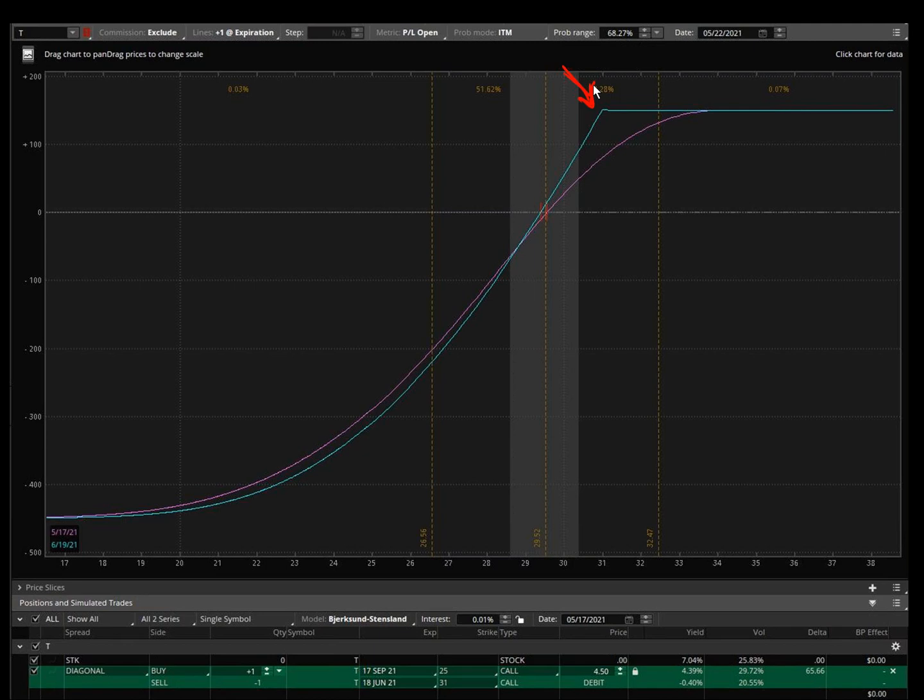We can go out there and roll it higher and out and do a covered call strategy on that long duration call, which I highly suggest doing. But during the life of this, that is going to be our profit potential. You can see you would have a profit. This is all profit. This is loss down here, all right? So you will have that set up to where you have the profit on the upside.